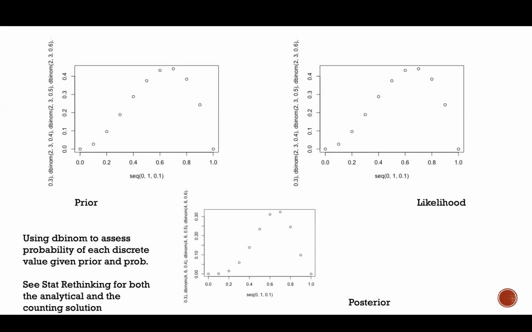There are different ways of solving this problem, right? If you check the tree of marbles in the Statistical Rethinking handbook, I think it's chapter 4 or something like that, you get both the analytical and the counting solution. But here is a way of visualizing what's going on.